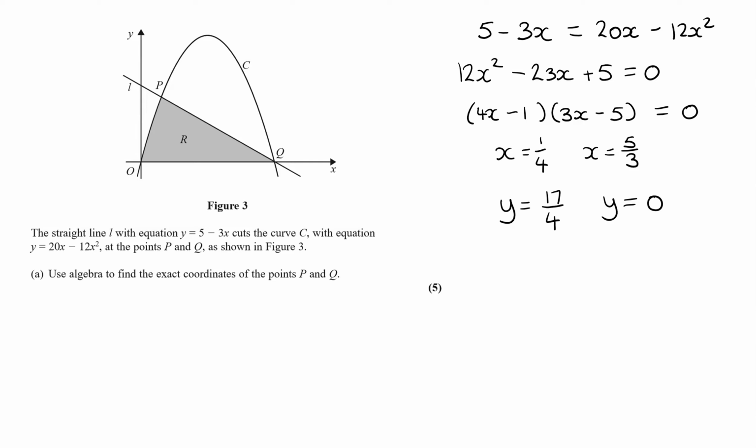It's crossing the x-axis here when x is 5 over 3. So that makes sense that I get y is 0. So my answer is going to be a quarter, 17 over 4, and 5 over 3, 0. And this is going to help me in the second part of this question.